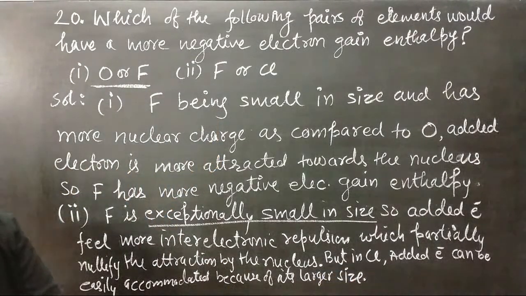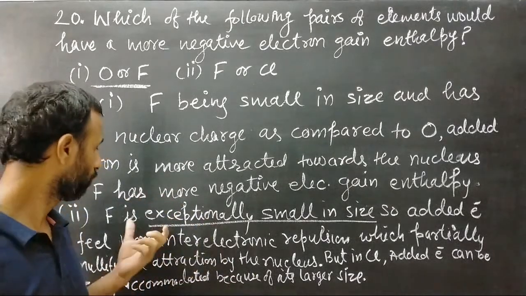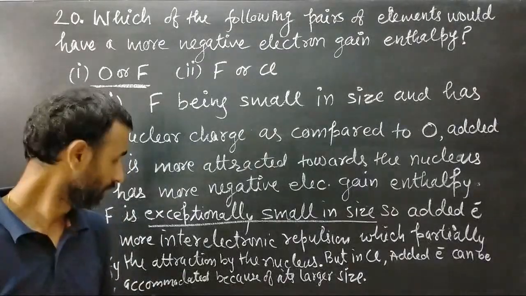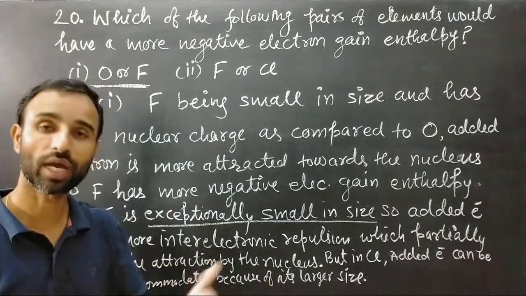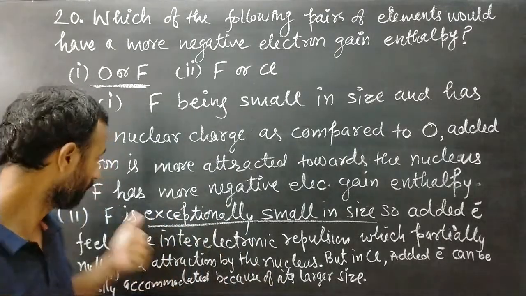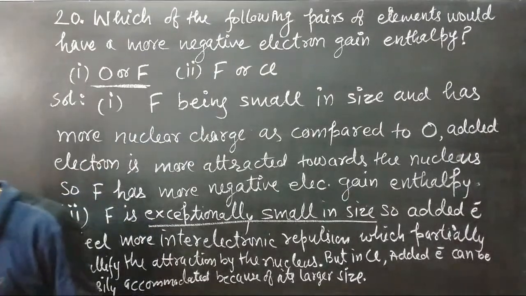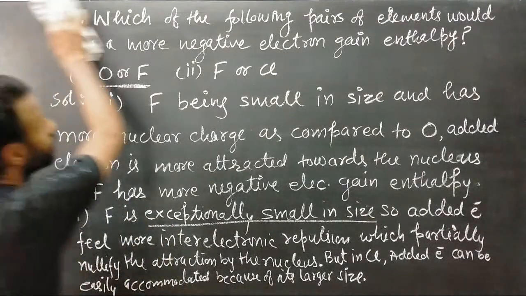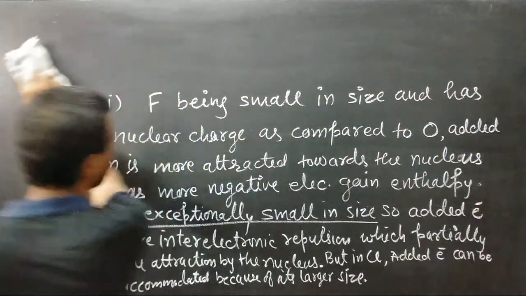Is it visible? Yes. Or as Ralam said, fluorine has a small 2p subshell where the electron is added. In chlorine there is a large 3p subshell where the electron can be comfortably placed, but in fluorine the comfort is less, and therefore it is less attracted towards the nucleus. Got it? So this is question number 20 from chapter 3, periodicity.